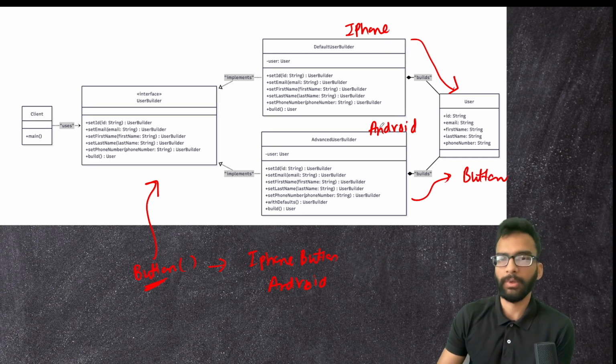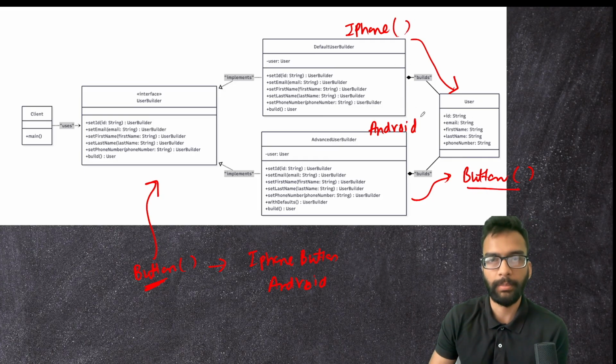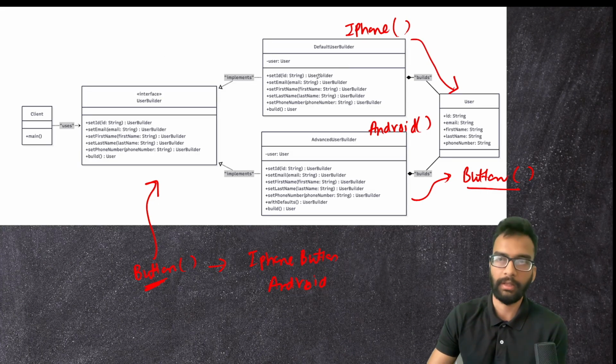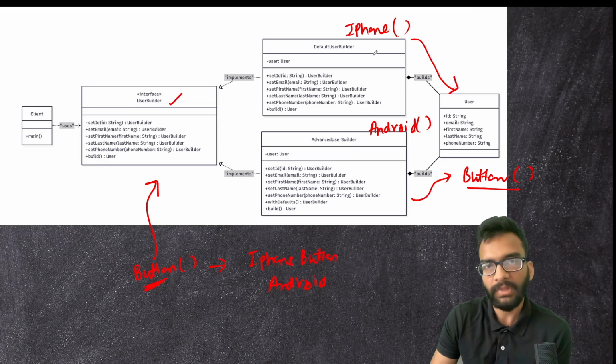So this is an example, but I feel we don't use this pattern much. Most builder patterns are like the builder is inside the user. So this is just an example. We can take an example of user as well. So here is a user builder, and these are the interface and the methods which should be present in its implemented class. Let's say we have two implementations.